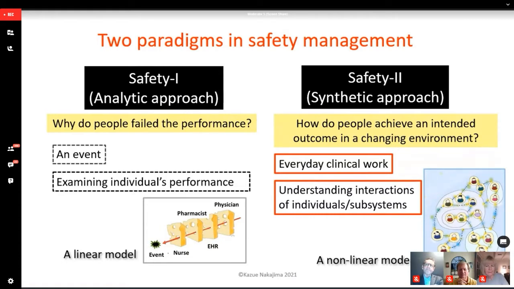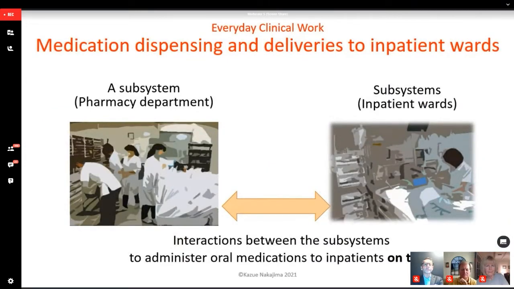incident. We targeted everyday clinical work, specifically medication dispensing and deliveries from the pharmacy department to inpatient wards, although the project was triggered by a medication dispensing incident. We focused on interactions between the two subsystems for medication administration on time.